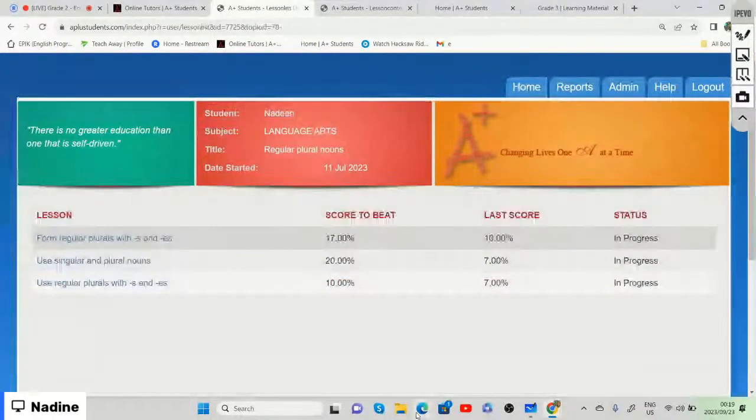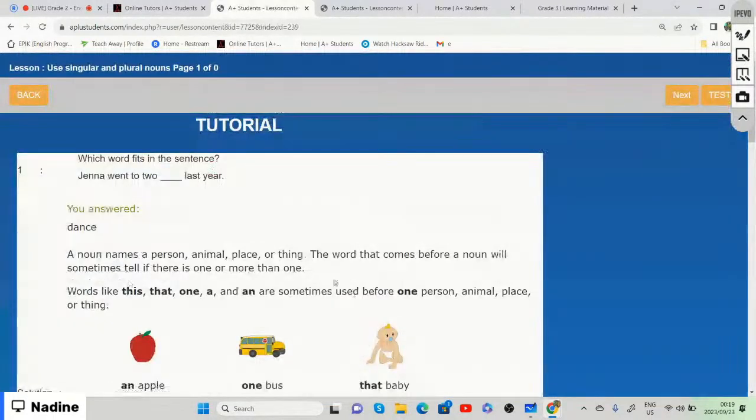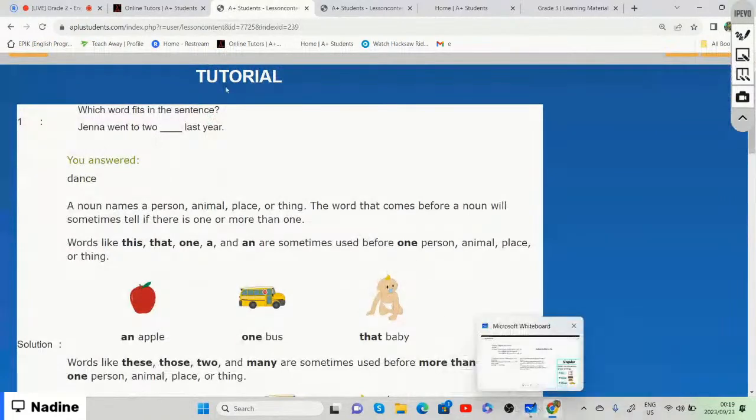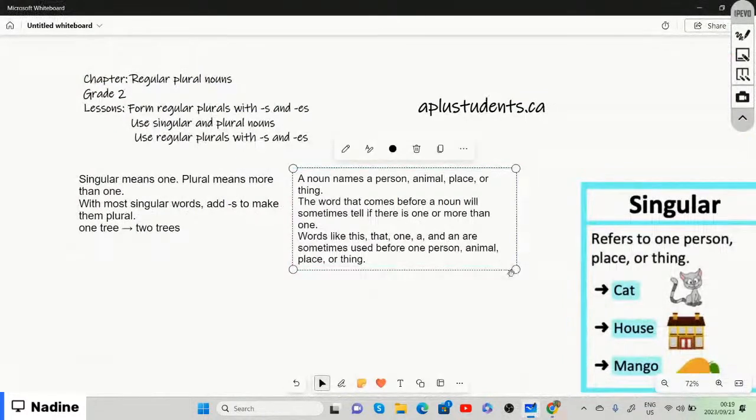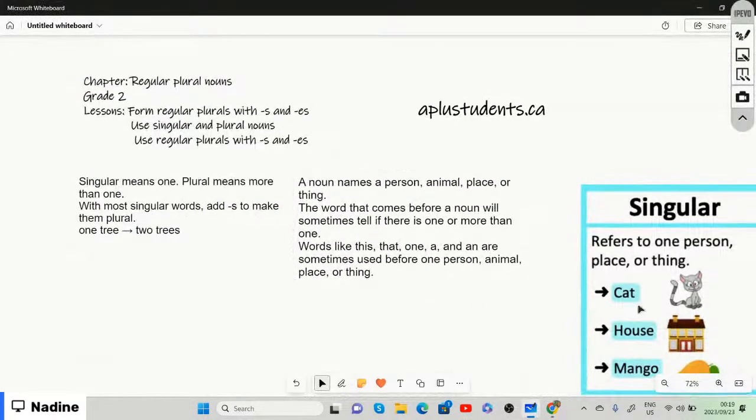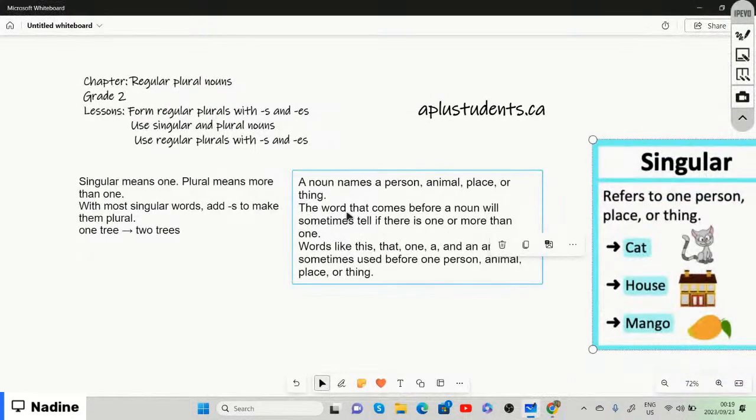Okay, so now we're going back to our lessons, right? Where we will be using singular and plural nouns. And before we continue with using plural nouns, let us go to our whiteboard. So a noun names a person, an animal, a place, or a thing, right?